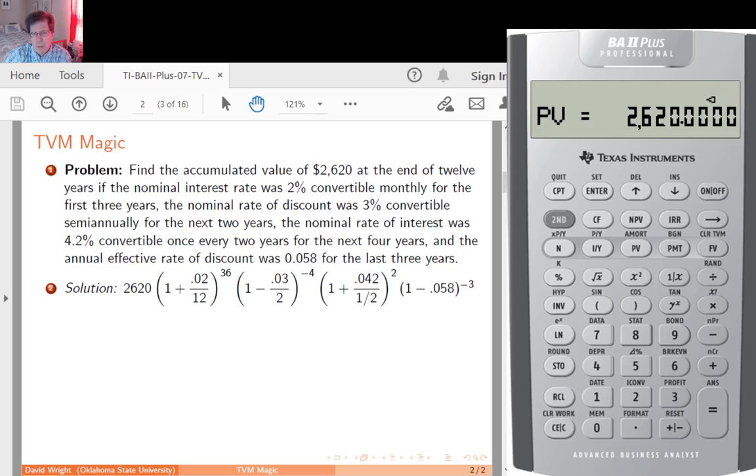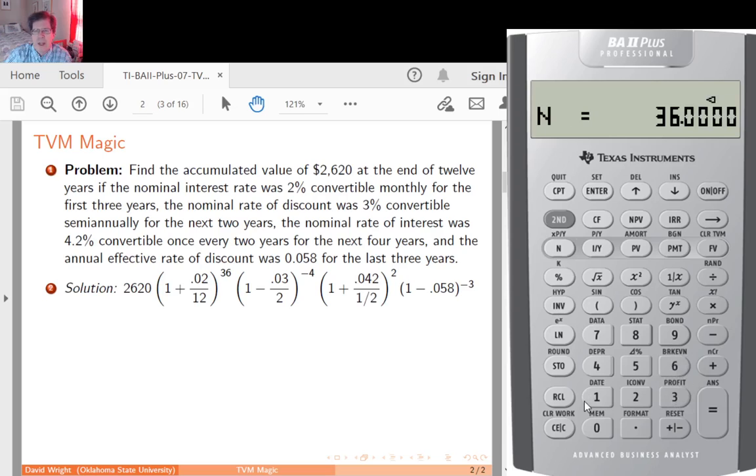2% convertible monthly. So we're going to work by months on this one. So I'll say 2 divided by 12 equals, so that's 0.1667%. And we're going to put that in the interest rate. And then the number of months is 36.